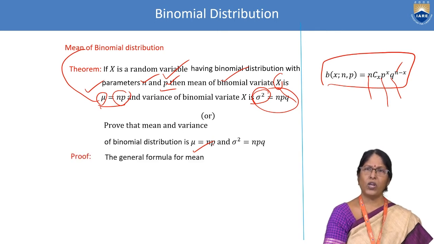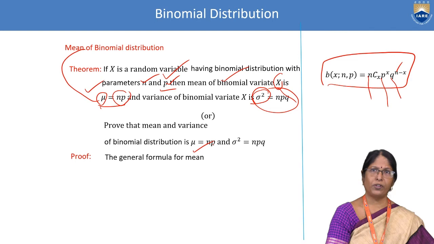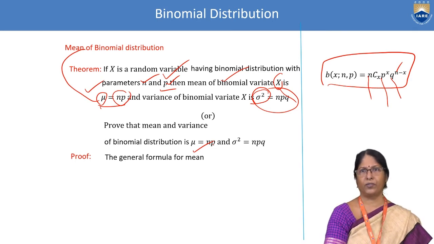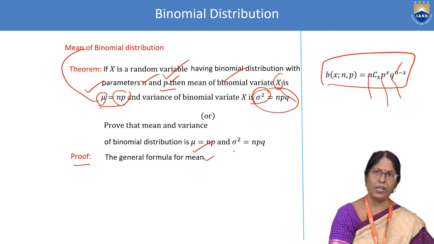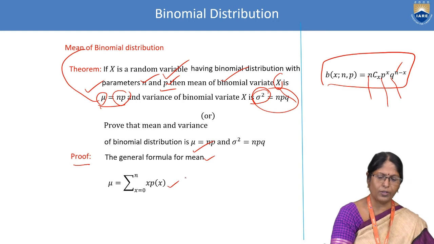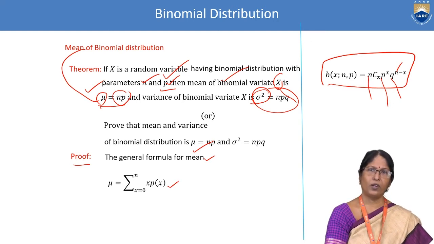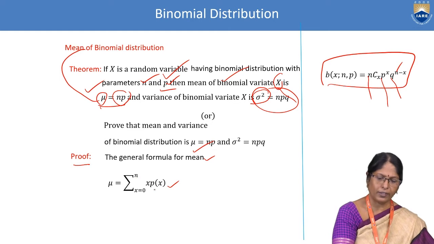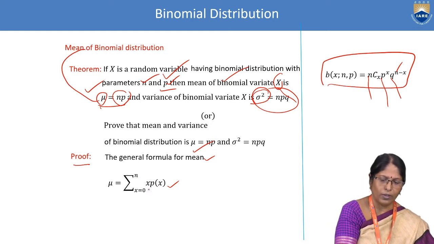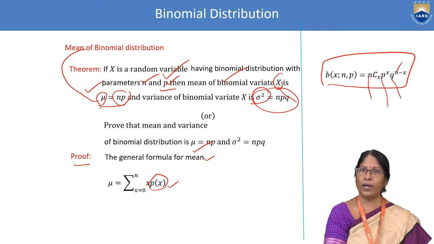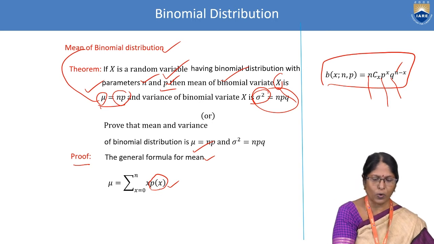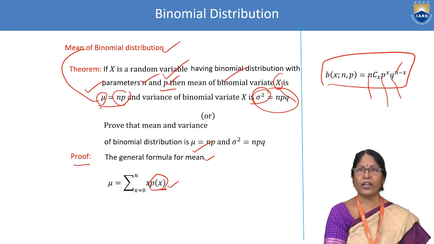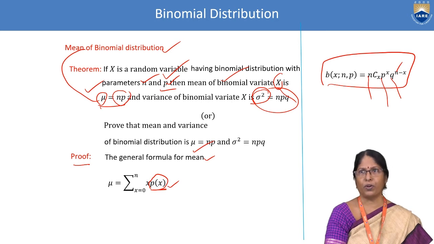Now, the general formula. We will prove now the mean of the binomial distribution. The proof: the general formula for the mean is mu equal to summation x equal to 0 to n, x into p of x. Now, this p of x, since we are concentrating on the binomial distribution, we are going to replace by the binomial distribution formula.